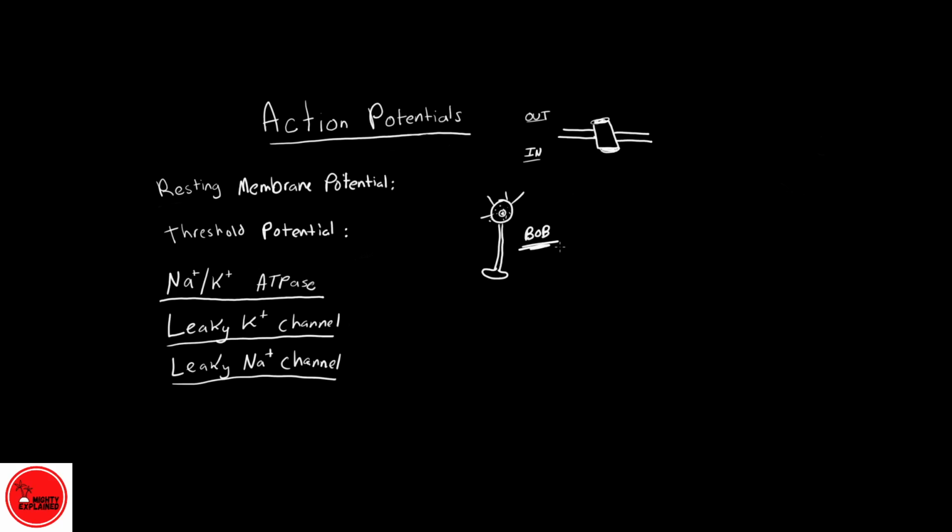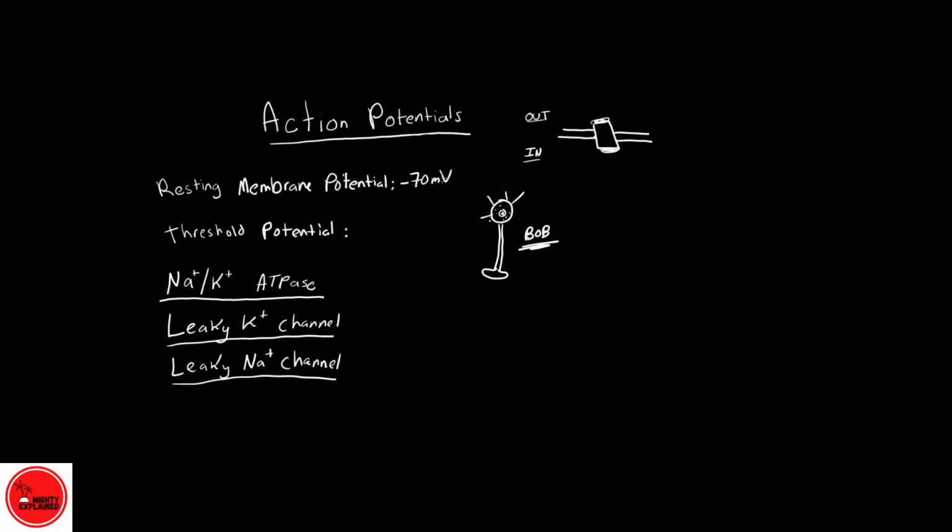His entire membrane is at a certain voltage, his resting membrane potential, and that magical number is negative. It's negative because the inside of the cell is more negative. So negative 70 millivolts. When it's calculated, the membrane potential is at negative 70 millivolts when he's neither excited nor inhibited, and everything is chilling.